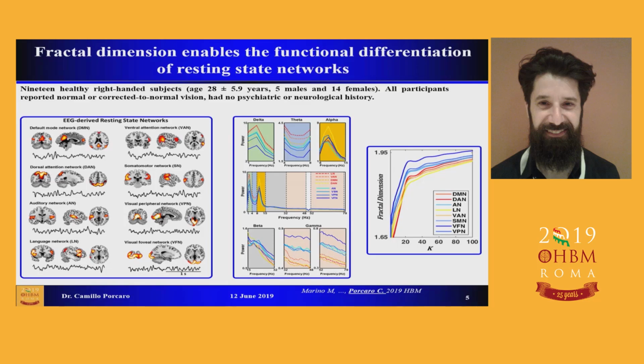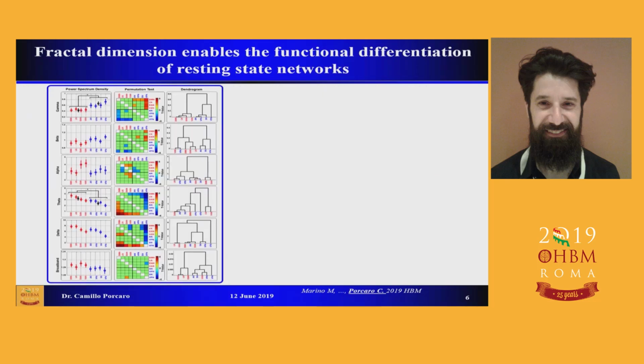To quantify this, because thanks to the colors we only have a qualitative way to understand this diversification of the resting state networks, we applied clusterization. In particular, we applied a hierarchical clusterization on the 5 frequency bands and on the fractal dimension.